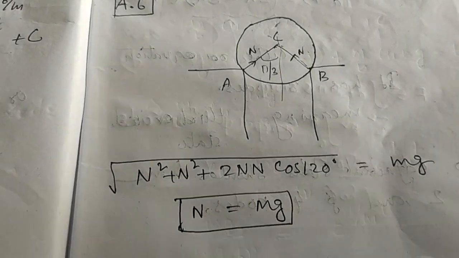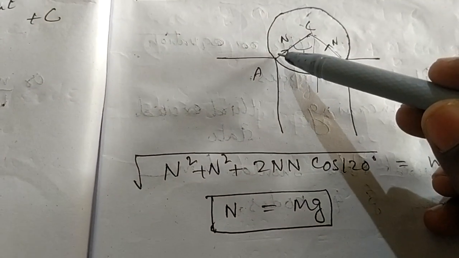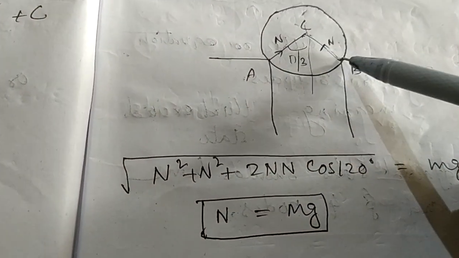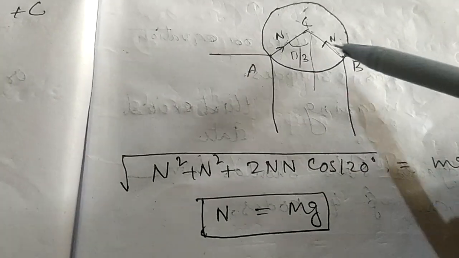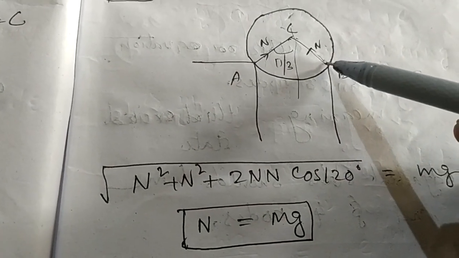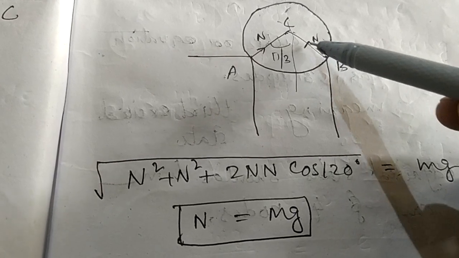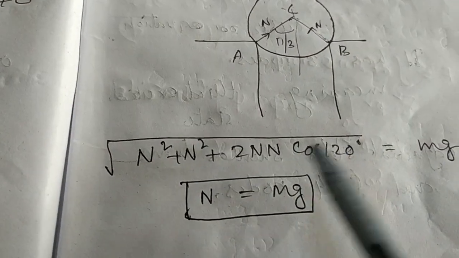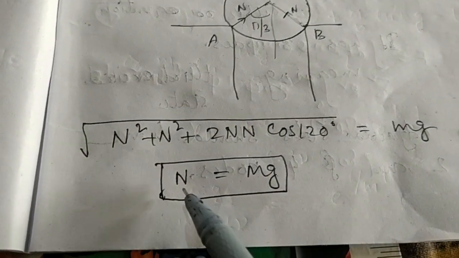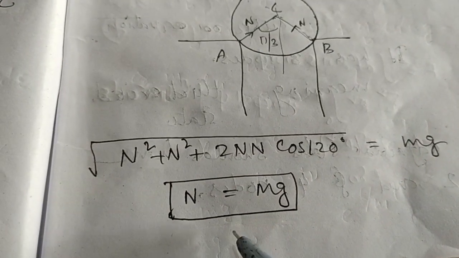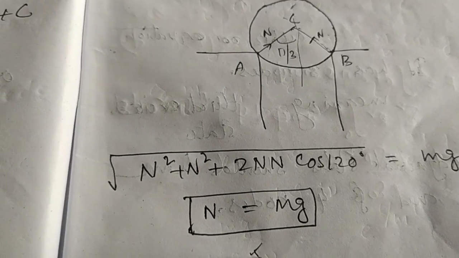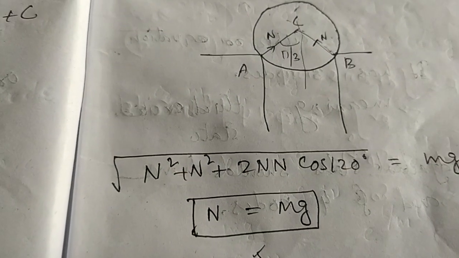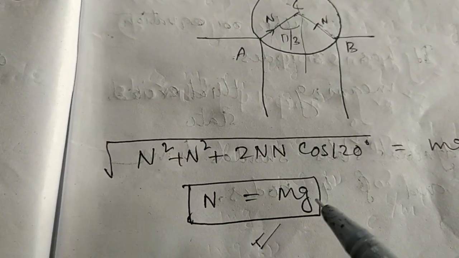This force along this direction is n, the normal force, and because they are both at the same height, an equal normal force will be acting from B, and then you find the resultant force, which gives n is equal to mg. That means the magnitude of the force exerted by point A on the disc is equal to mg.